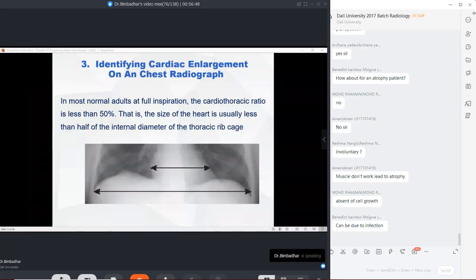Loss of organ function, severe inflammations, immobility are the reasons for atrophies. Not using the organ, bedridden patients, or infections sometimes. So that one is actually the most common condition.